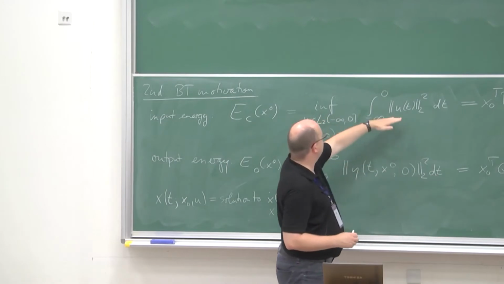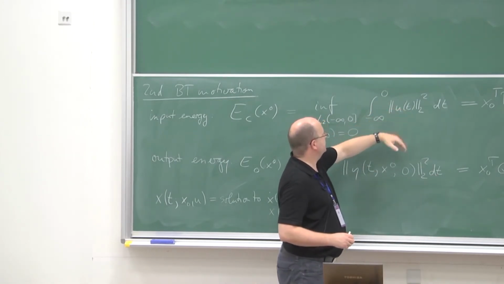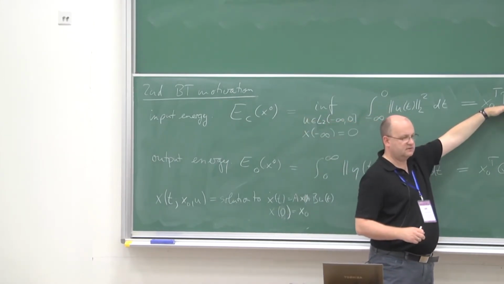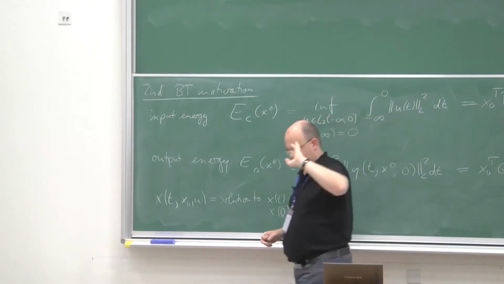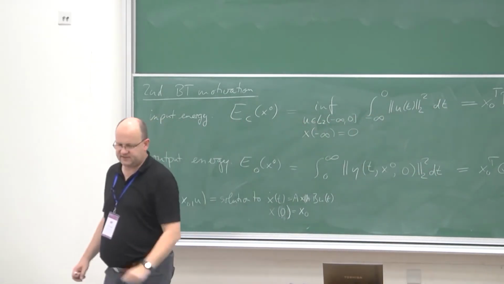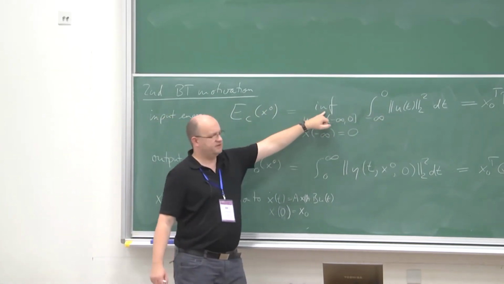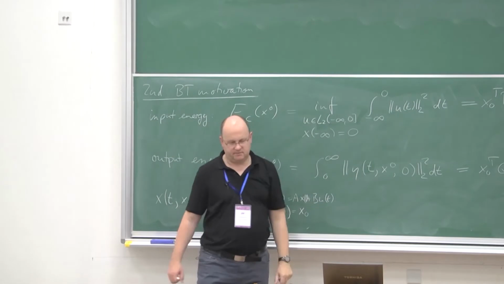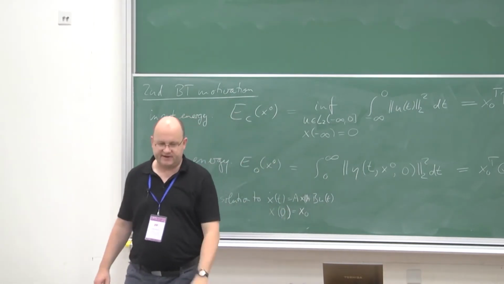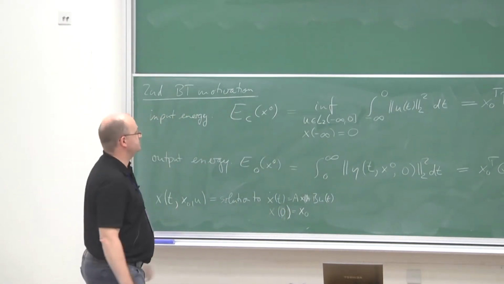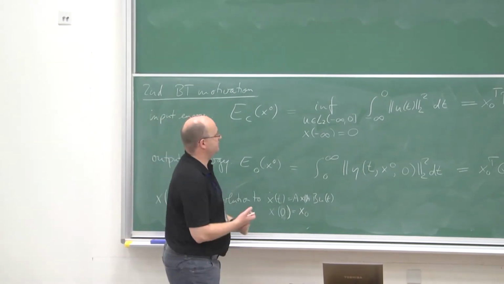You plug that in here, then you show that you get that formula, and then you have to prove that this particular choice of u gives you the infimum, and that you do by a variational argument. That's the structure of the proof. It takes a while to do it.